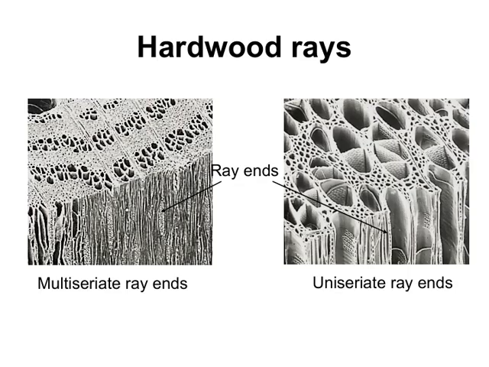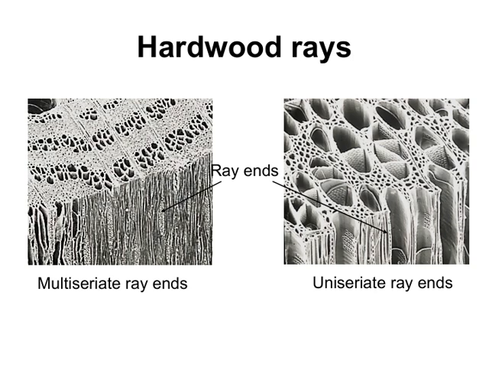Let's take a closer look at some key features of hardwood anatomy, starting with hardwood rays. These rays are essential because they facilitate horizontal transport of nutrients and store carbohydrates, playing a vital role in the tree's overall health. When examining ray ends, we notice variations that can tell us a lot about the wood's structure. Now, moving on to multiseriate ray ends, these are characterized by multiple rows of ray cells at the end of the ray, which can indicate certain species or growth conditions.